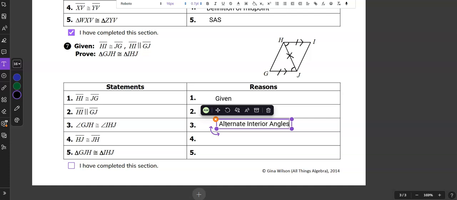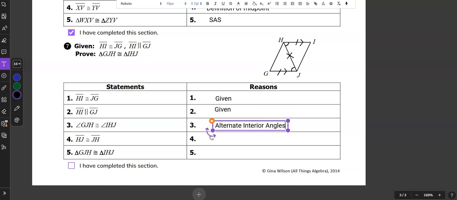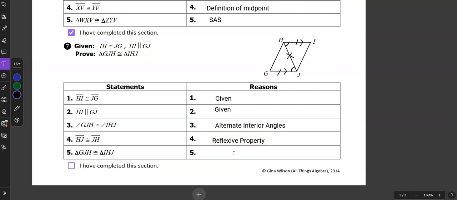You don't have to put alternate interior angles are congruent. You can just put alternate interior angles. HJ is congruent to JH, and again, that is reflexive. It's the same line. And again, now we can say that these two triangles are congruent by side, angle, side. So they match.